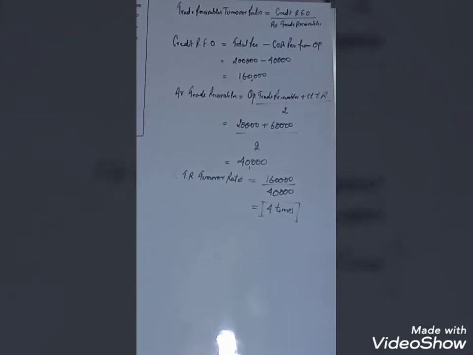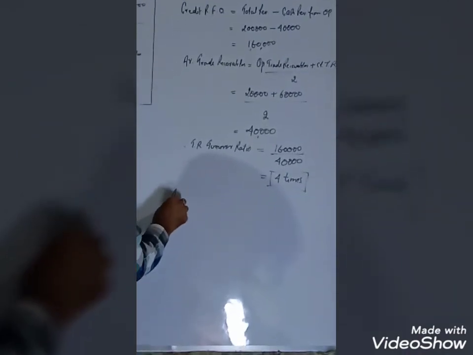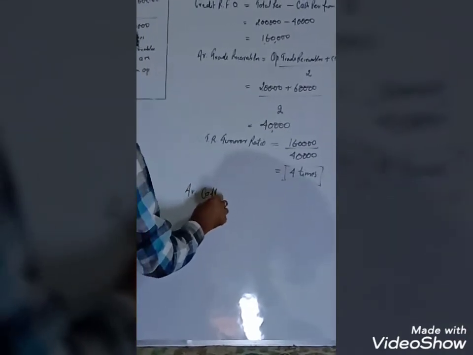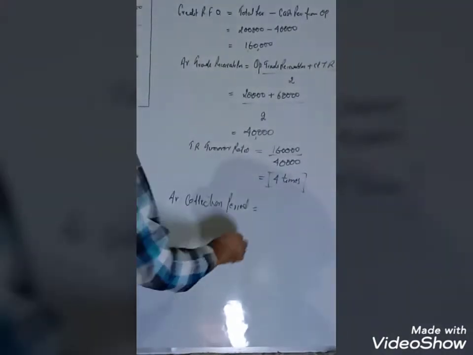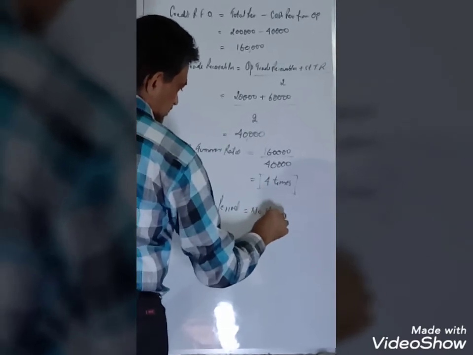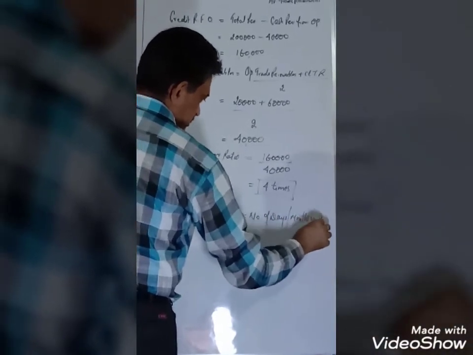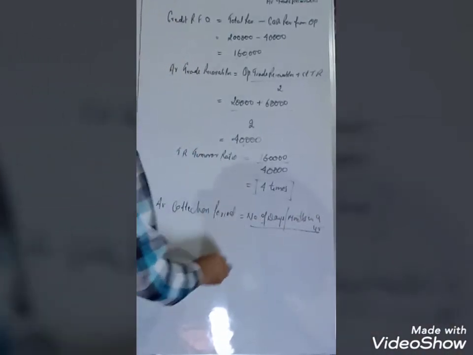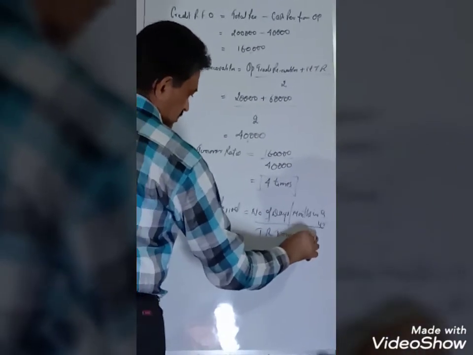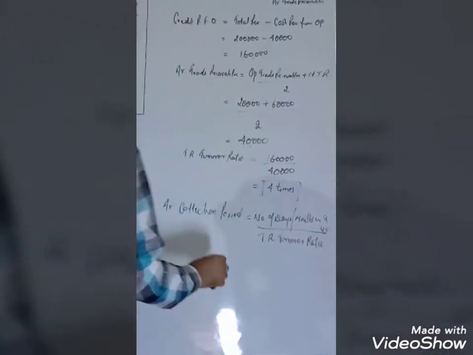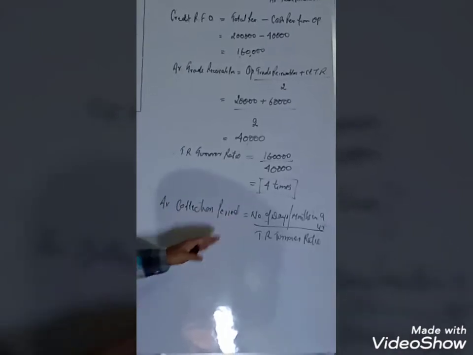For the calculation of average collection period or average age of receivable, the formula is average collection period equals number of days or months in a year divided by trade receivables turnover ratio.